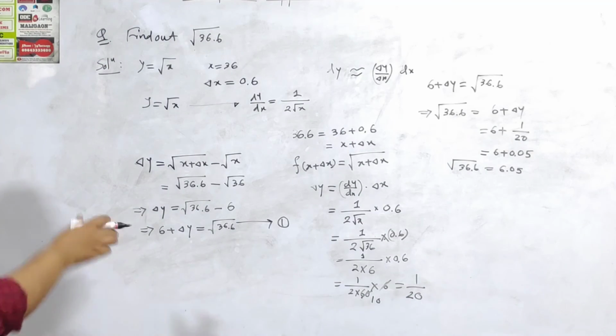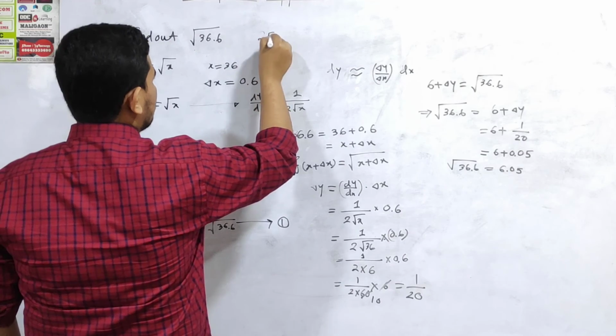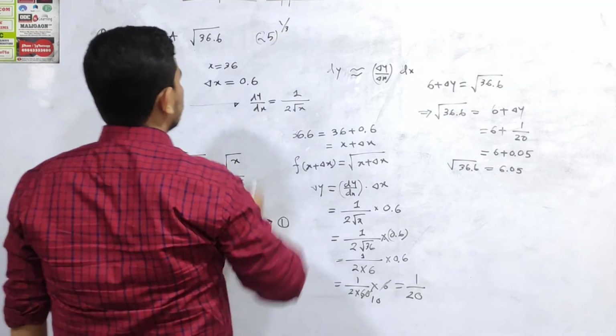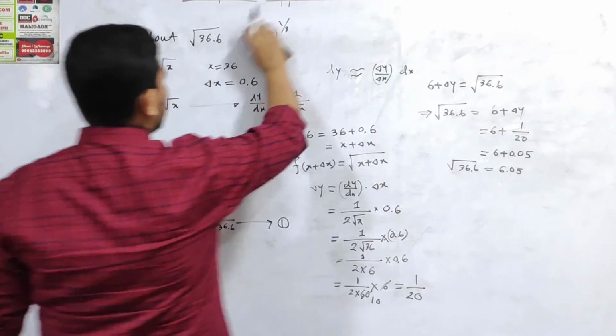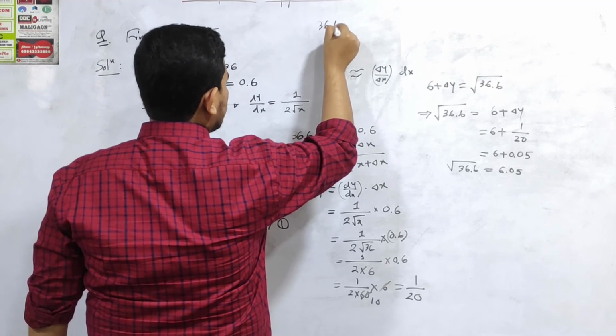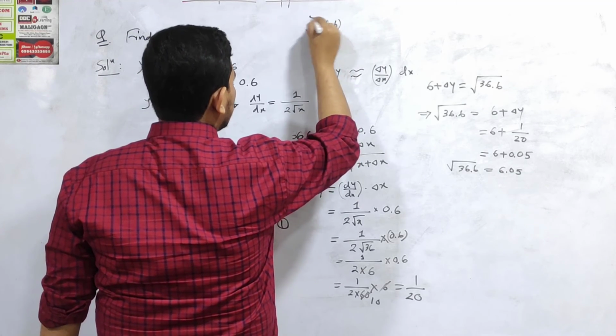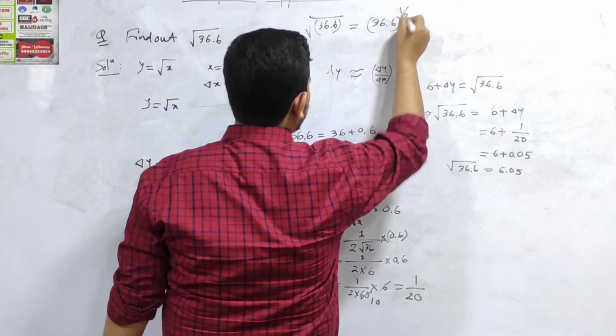So this is the step by which you can find the square root value of root 36.6. Similarly, you can find another value like 25 to the power 1 by 3. The difference in this problem is that root over means 36.6 to the power half.